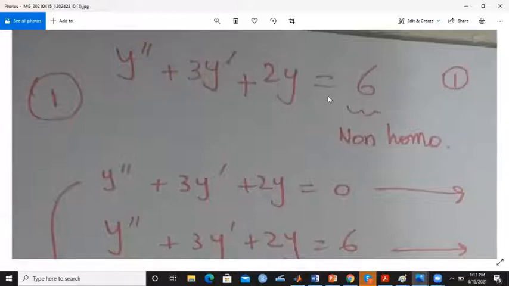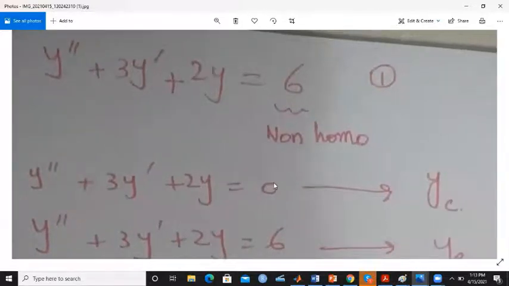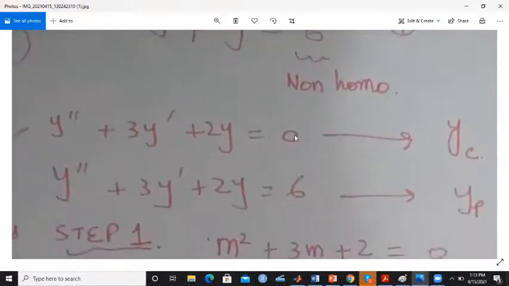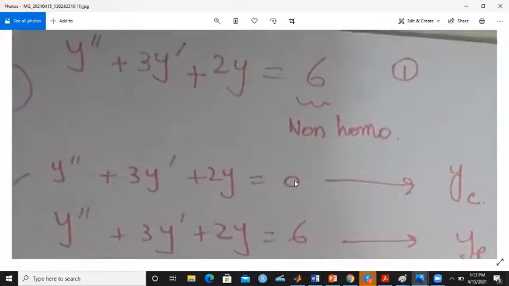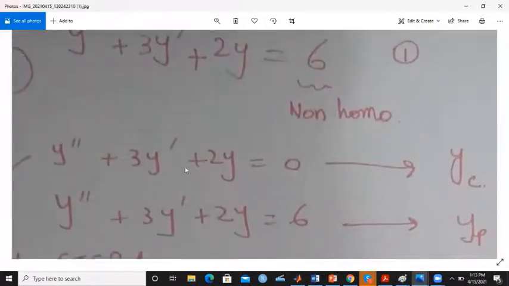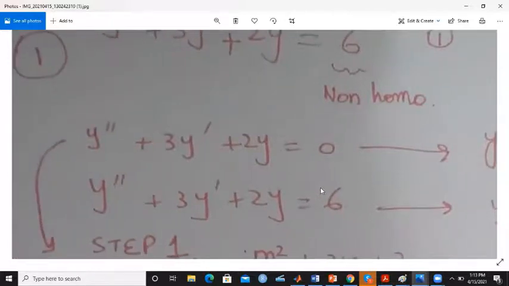I will break the procedure into two parts, complementary solution and particular solution. The left hand side, when I put it equal to 0, gives yc, the complementary solution. If I consider the entire differential equation, I will get yp.